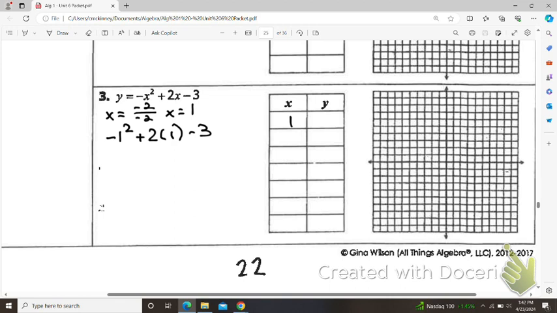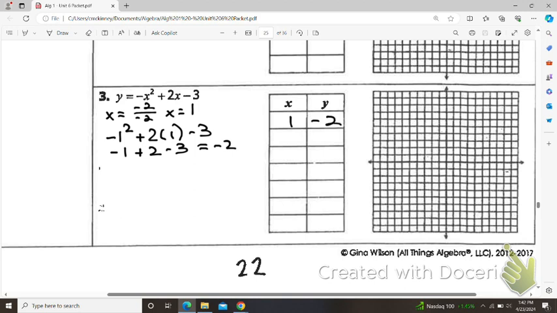And again, maybe some of this you just do in your head or on your calculator. Notice this is not negative 1 squared. It's 1 squared, then make it negative. So that is still negative 1. All right, so now I have negative 4 and 2. So I have negative 2.